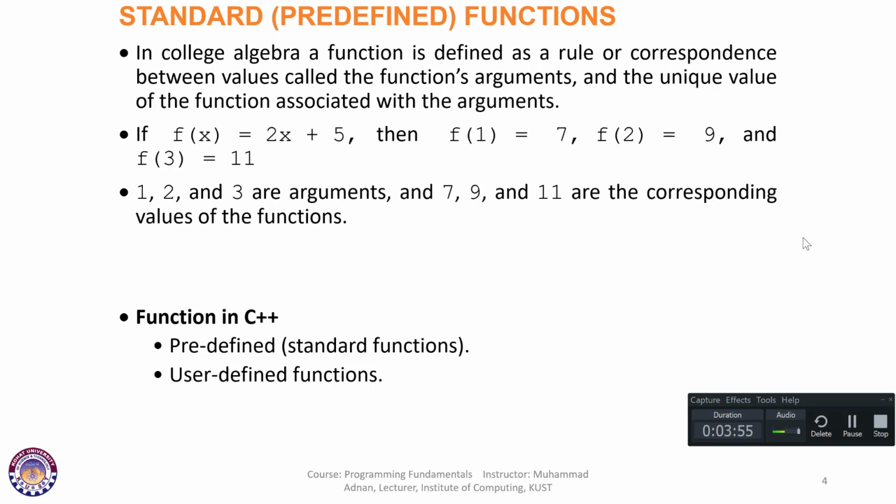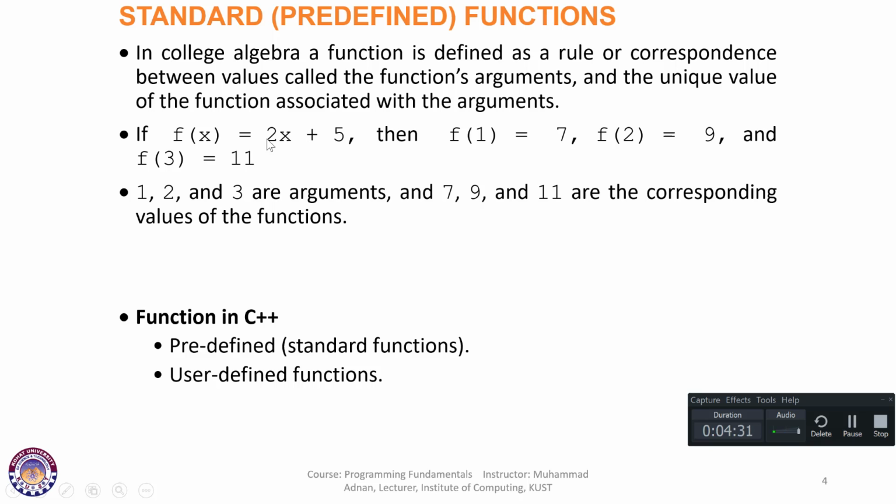We also have standard predefined functions. We have functions in mathematics as well. In college algebra you have learned a function. A function is defined as a rule or a correspondence between a value called the function argument and the unique value of the function associated with the argument. For example, this is a function: f of x is equal to 2x plus 5. What does that mean? You can put the value of x as 1.